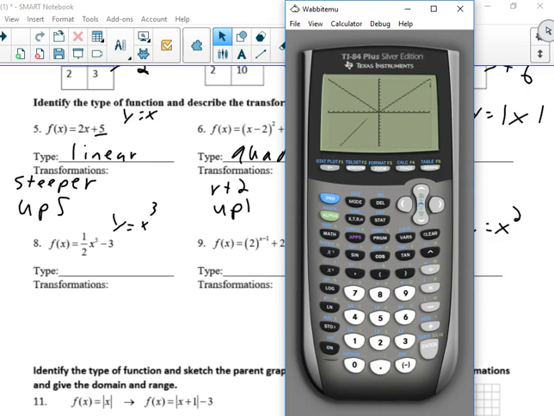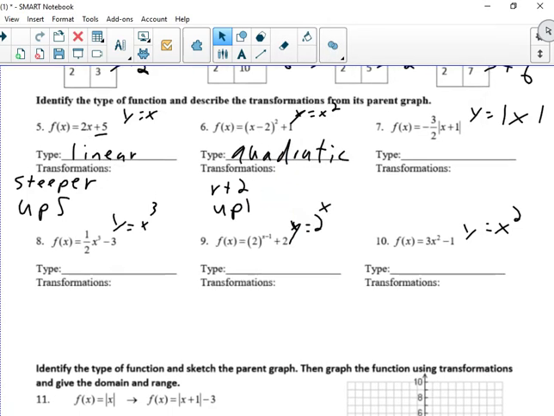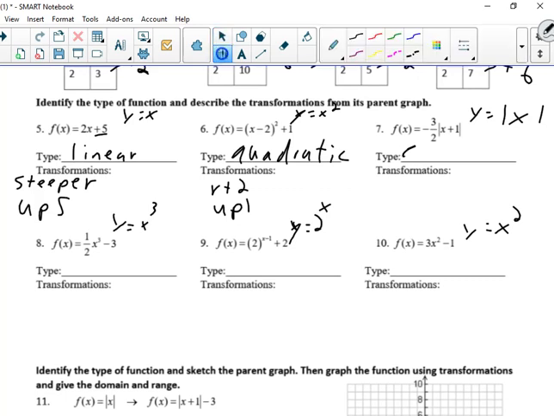So there's my original one. Look what happened. The negative makes it go upside down. Flip over the x-axis. The 3 over 2 makes it narrower. And the plus 1 moves it left 1. You can see all of that. So first off, again, it's absolute value. All right?